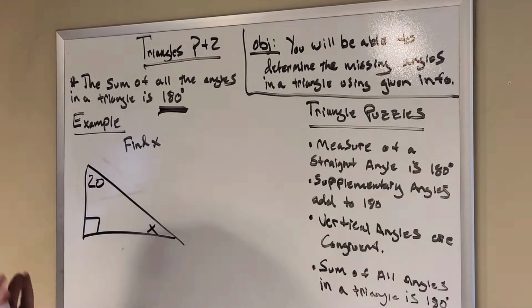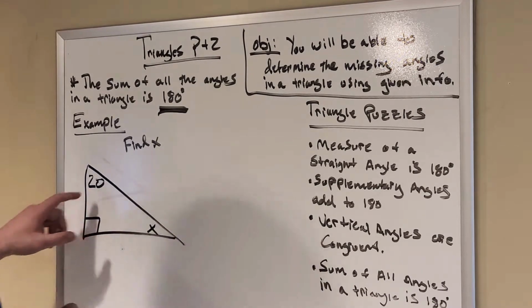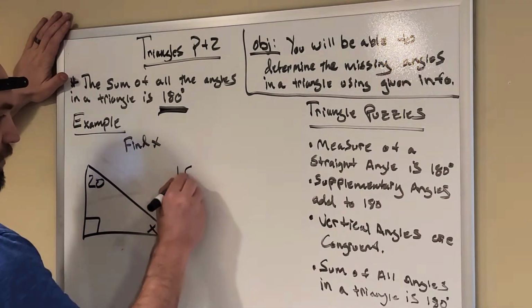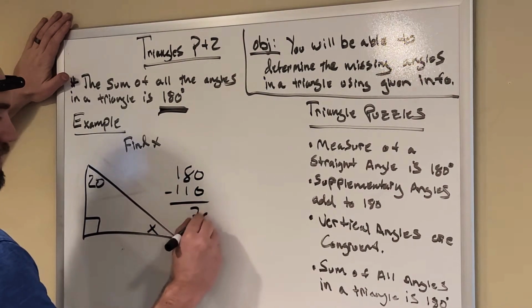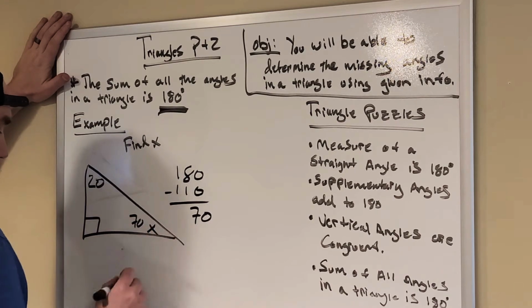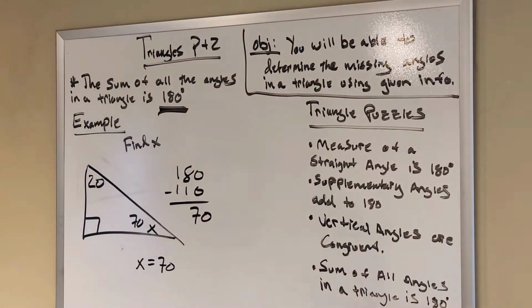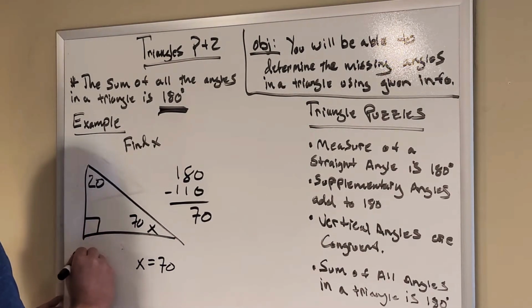But then I think back: what does this little box mean? That box means 90 degrees. So I have 90 degrees and 20 degrees. 90 plus 20 is 110. I take 180 and subtract 110 from it, and I'm left with 70. So x is equal to 70.